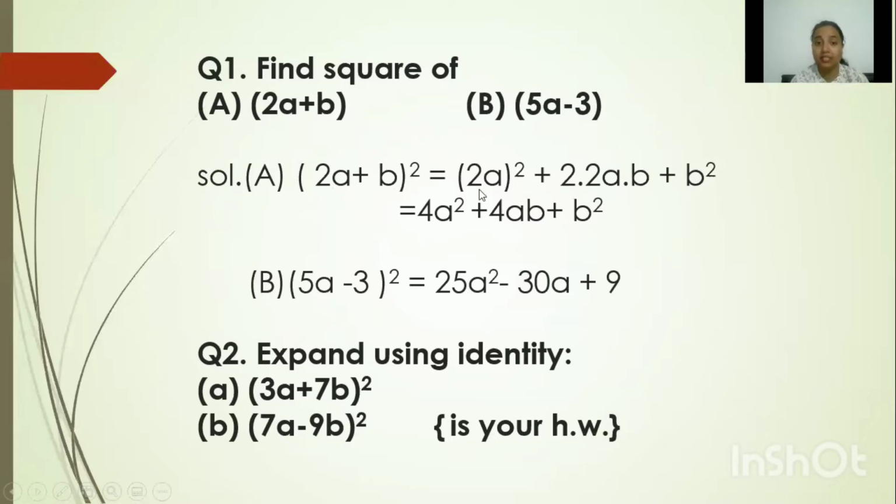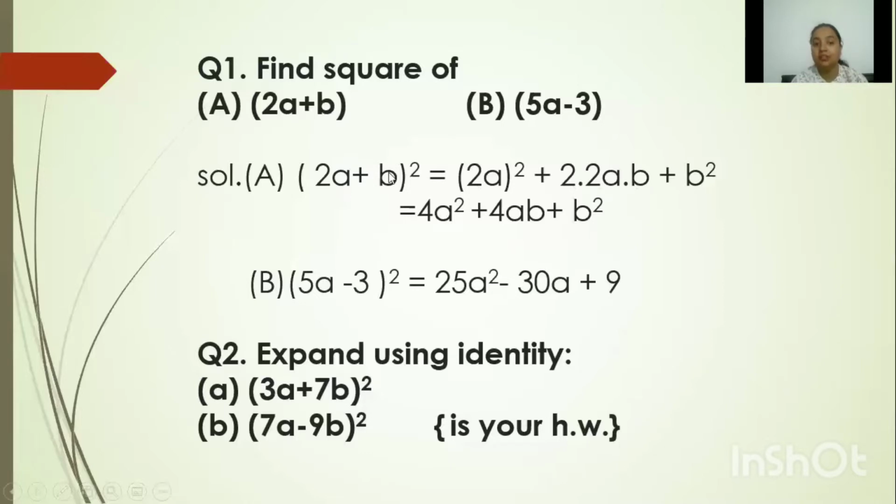Okay, I repeat, whenever you are taking the square of the algebraic expression, you square the first term, then plus squaring the second term, plus in between you will write 2ab form, means 2 multiplied by first term multiplied by second term.